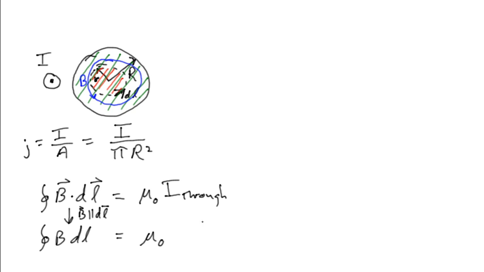And I'll call it A sub r. Well, the current through will be J times A sub little r, where A sub little r is that red area. The current per area times the area enclosed by the Amperian loop, that little dashed line right there.